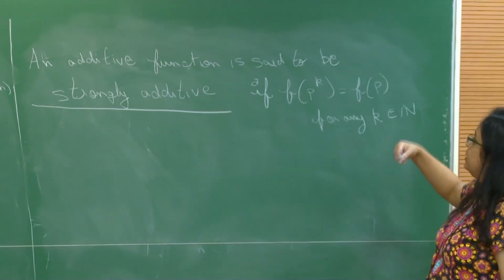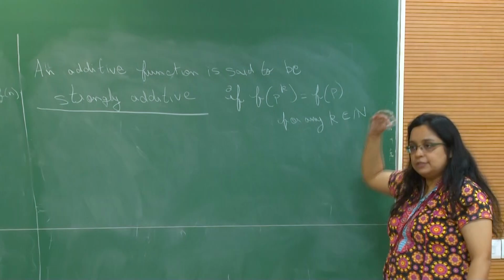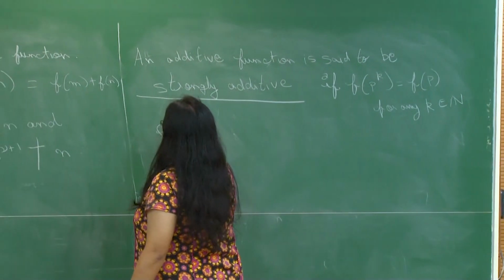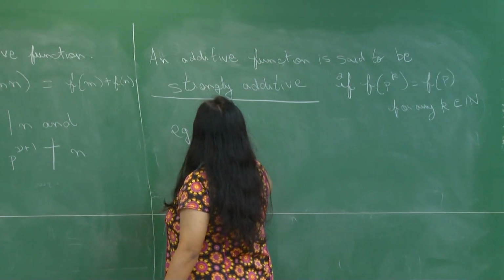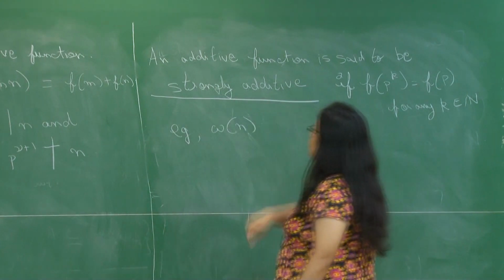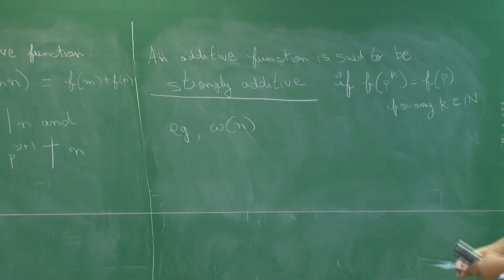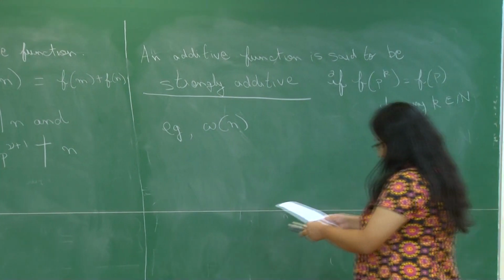So, f of p square, f of p cube and so on are all equal to f of p. And an example is again our favorite function, the number of distinct prime divisors of n. You can verify this is indeed a strongly additive function.